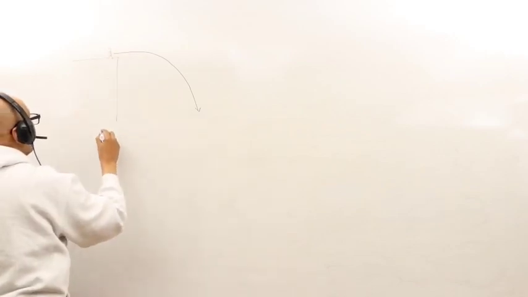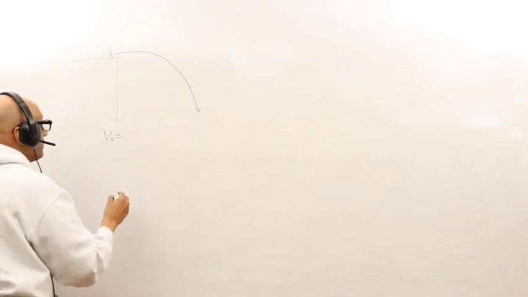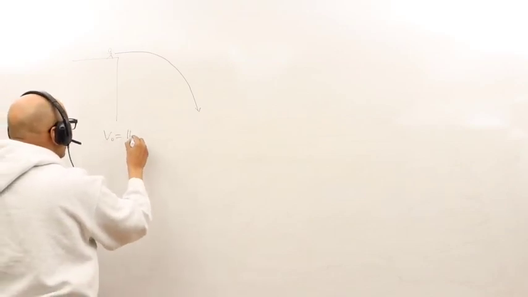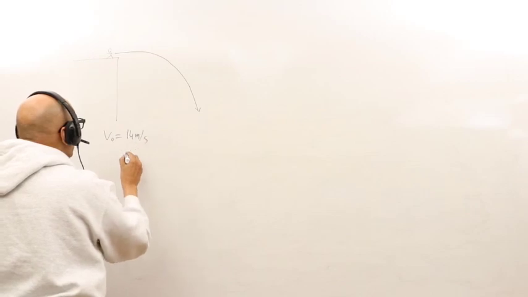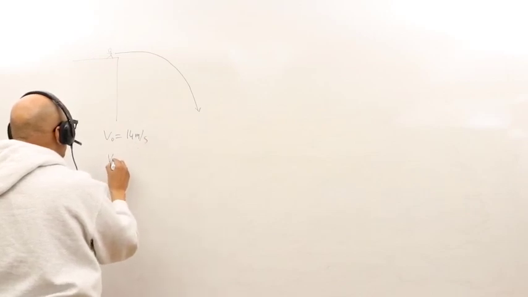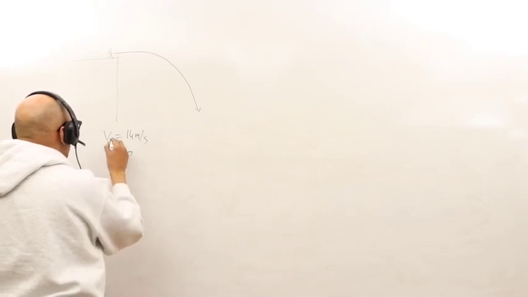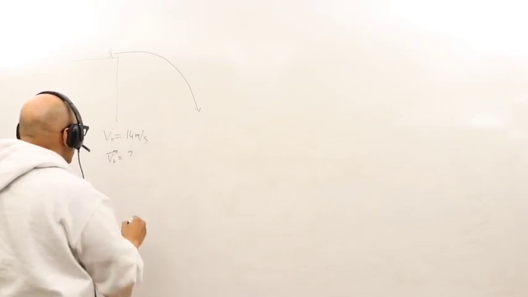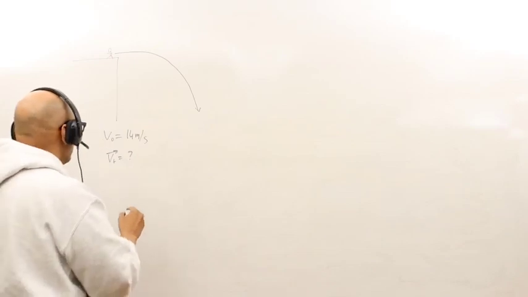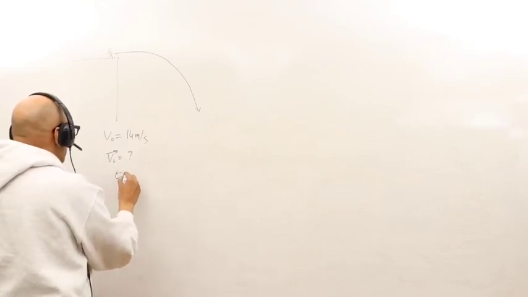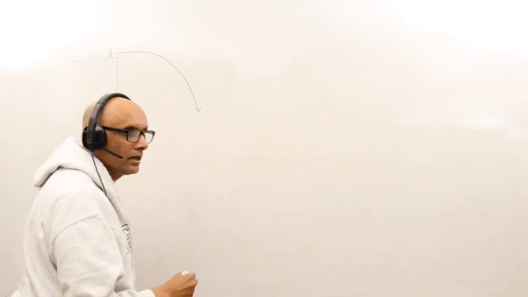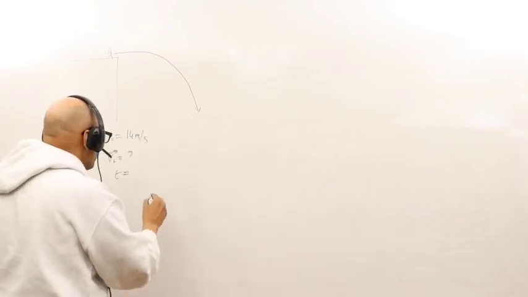So we're told that the initial speed of the stone is 14 meters per second. And you have to find V final at a time of 2.4 seconds.